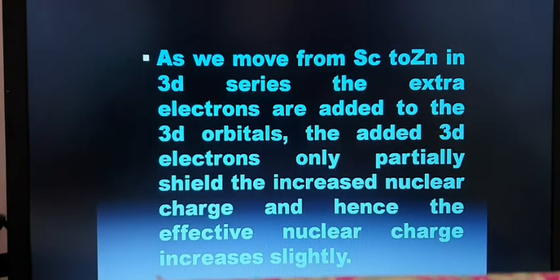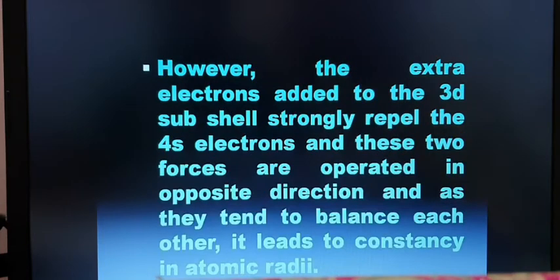As we move from scandium to zinc in the 3d series, the extra electrons are added to the 3d orbitals. The added 3d electrons only partially shield the increased nuclear charge, and hence the effective nuclear charge increases slightly and atomic radius decreases.